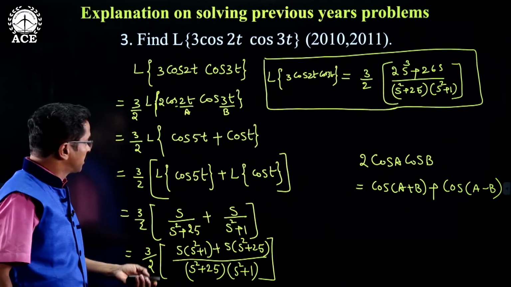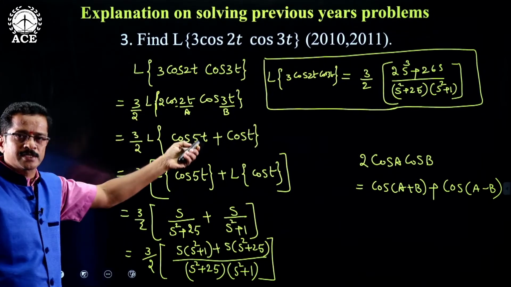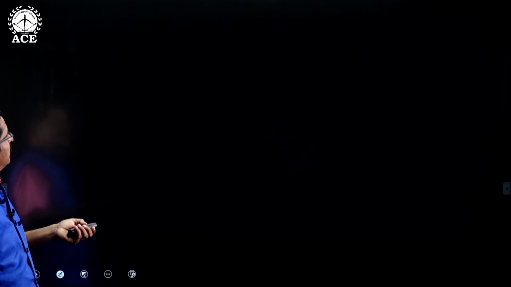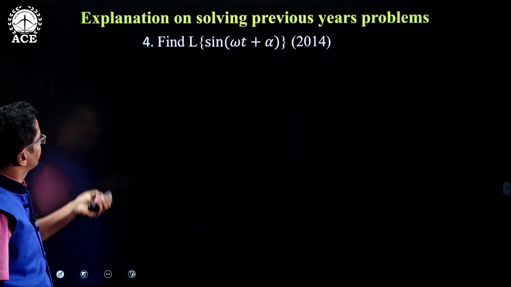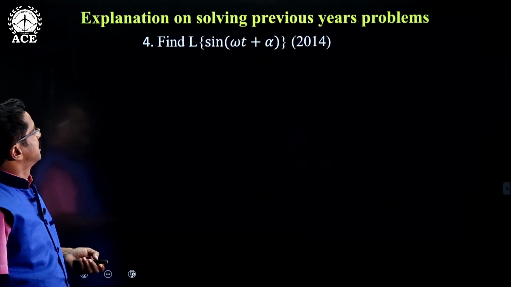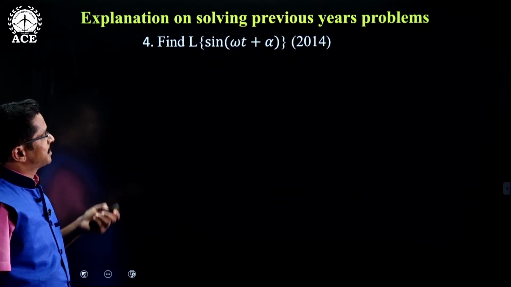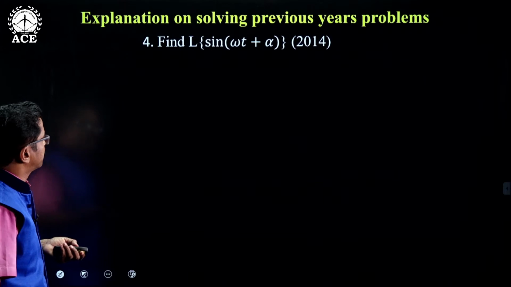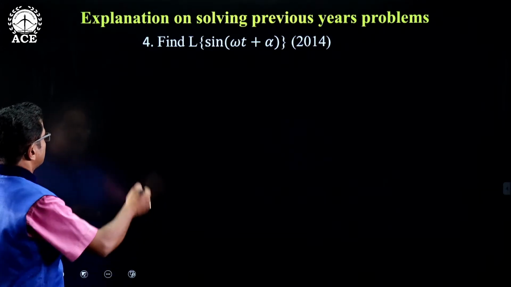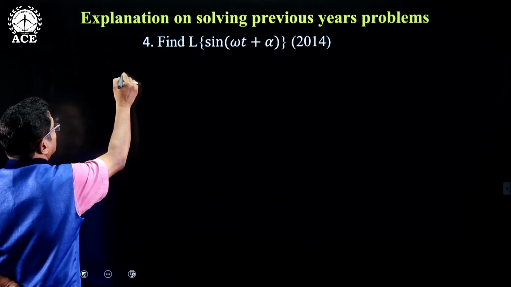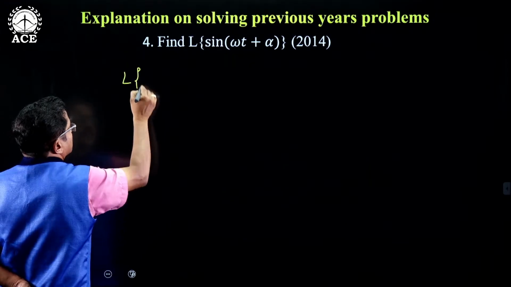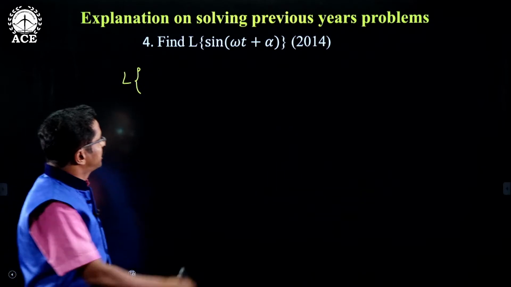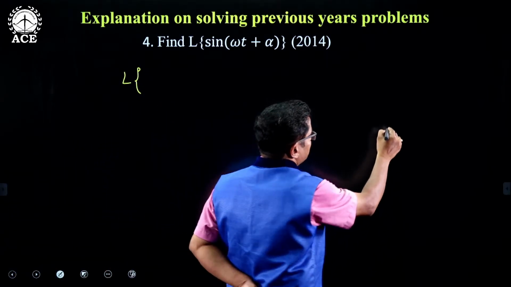So like this. Of course, this question is a similar model of the previous one. Next question, L of sin(ωt + α), which was asked in 2014 in university examinations. So here, L of sin(ωt + α) is like the sine of a plus b formula.